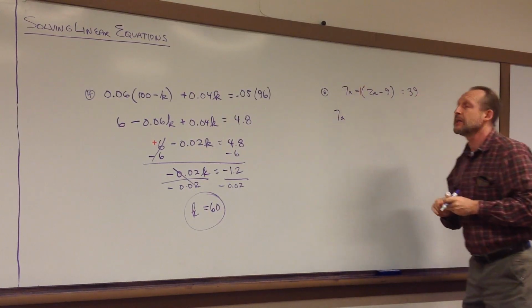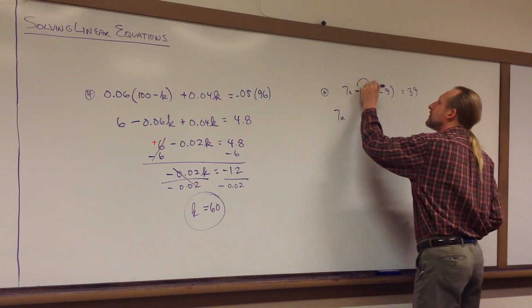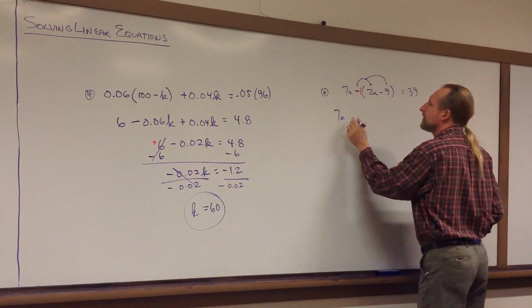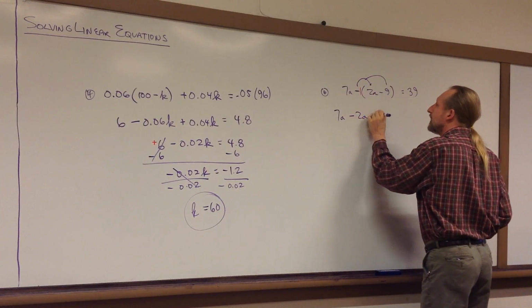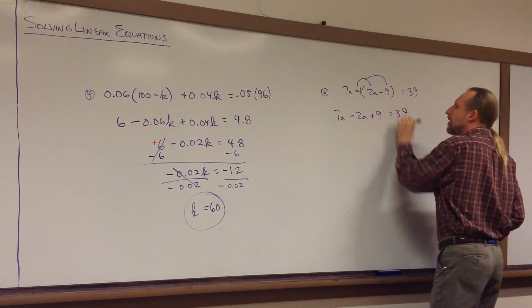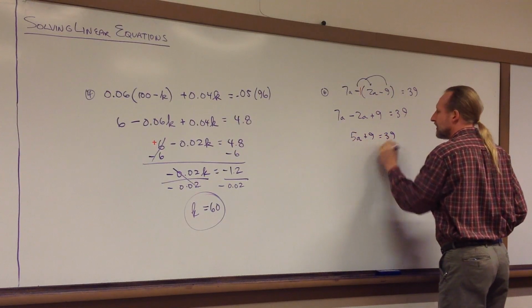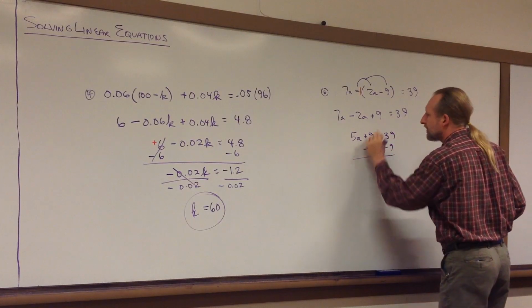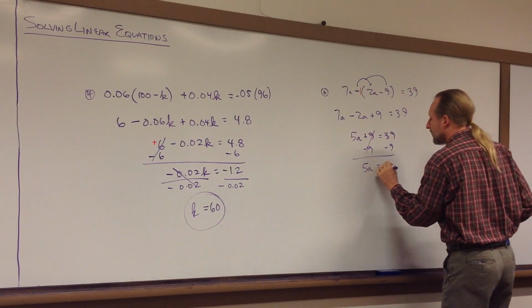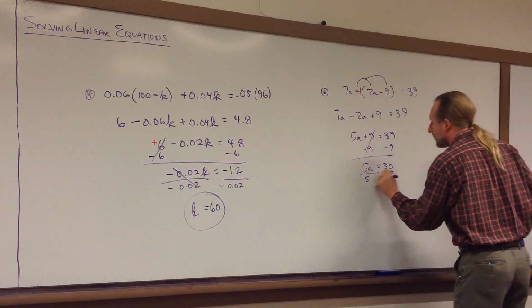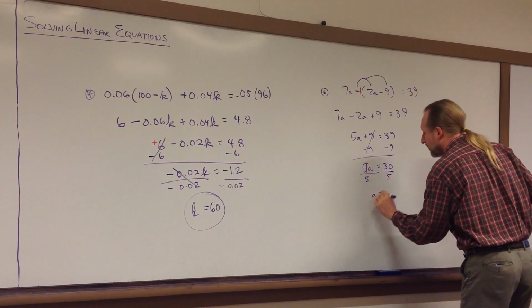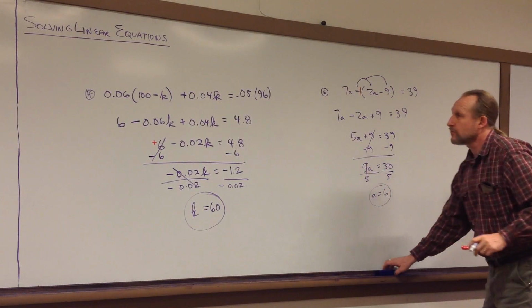This is like distributing a negative 1, and we want to distribute that into the parentheses, so that'll be negative 2a plus 9, or 5a plus 9 equals 39, and from there it's pretty straightforward. This will be 30, divide on both sides by 5, and a equals 6.